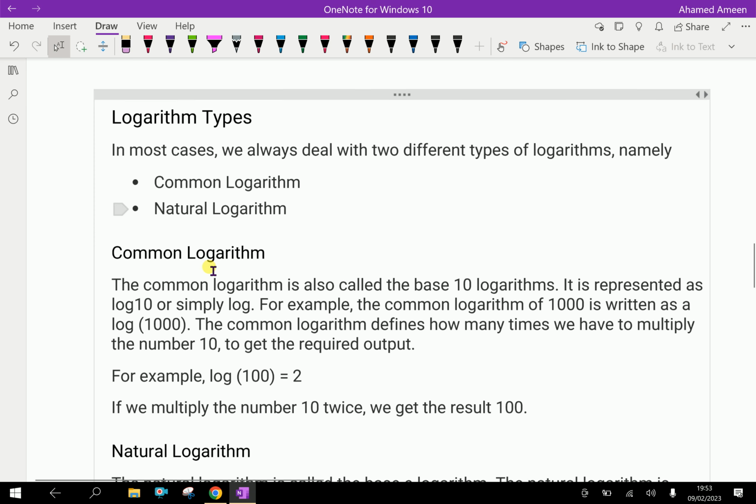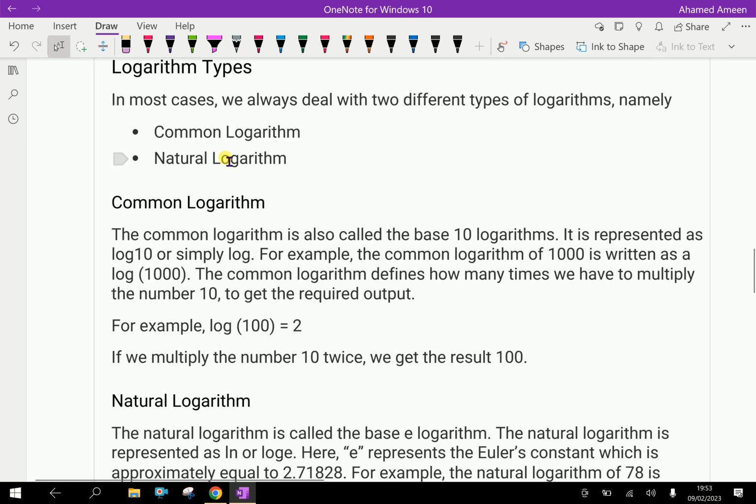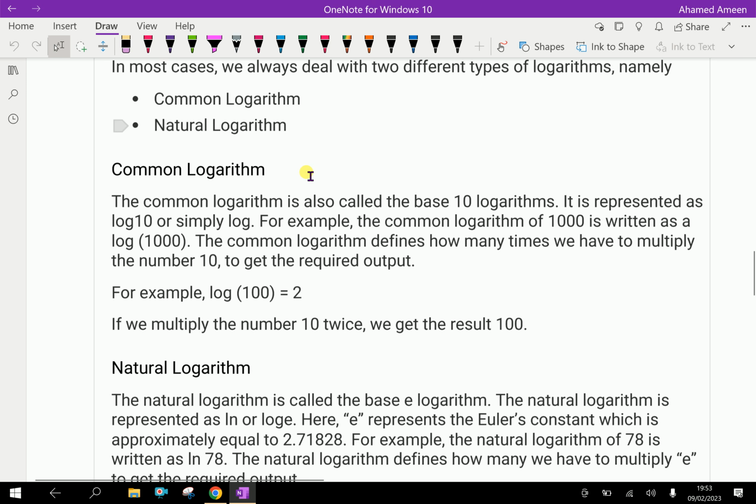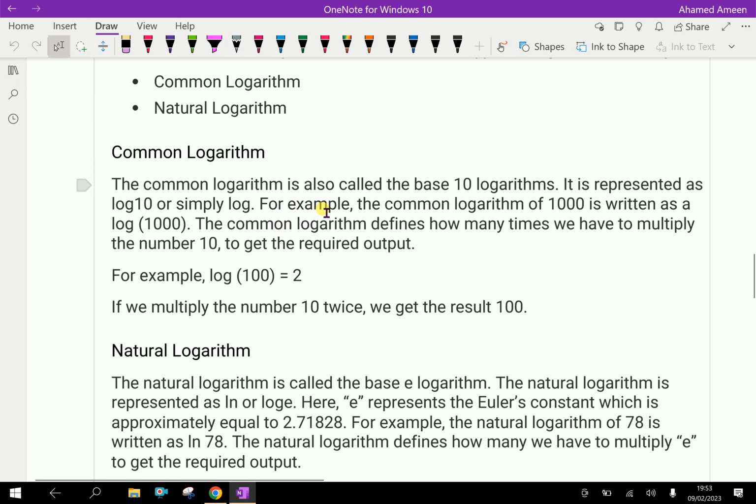Now some types of logarithms. In most cases we deal with two different types of logarithms, namely common logarithms and natural logarithms. A common logarithm is also called the base 10 logarithm. If the base is 10, normally you do not write the 10, which means log of x means log x base 10.